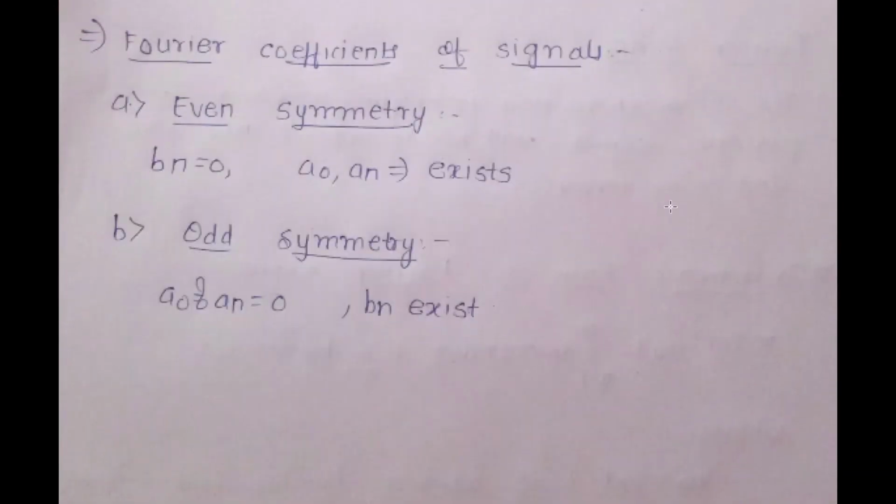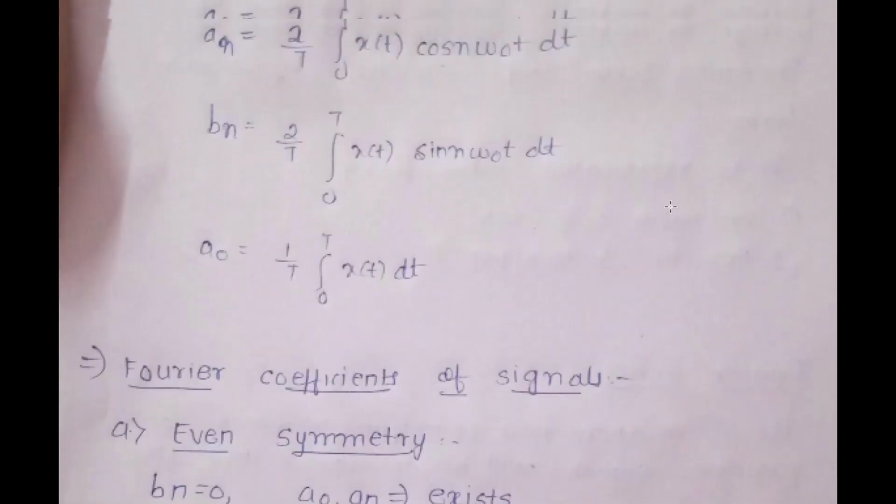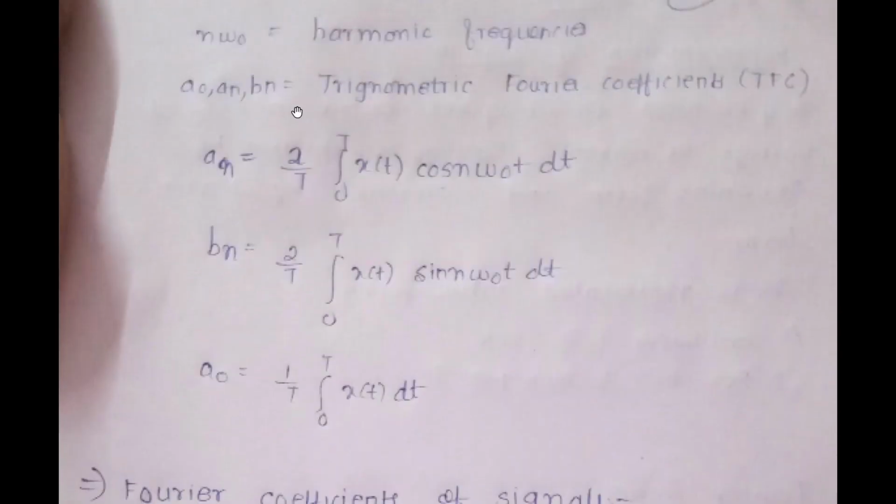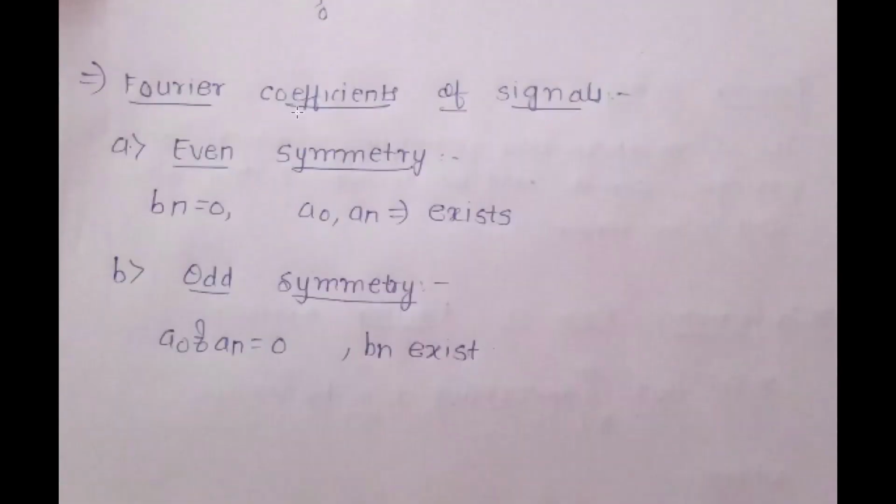As I told you, we have three Fourier coefficients, that is a0, an, bn, right? So in this, what happens is that if you understand the kind of signal given to you, then you can directly reduce the particular signal into some smaller format. For example, you have basically an even symmetry signal.